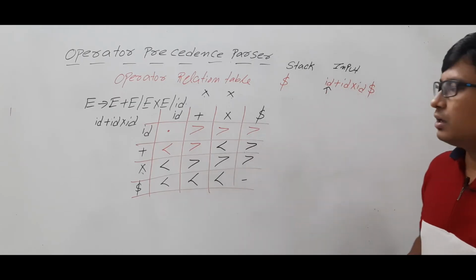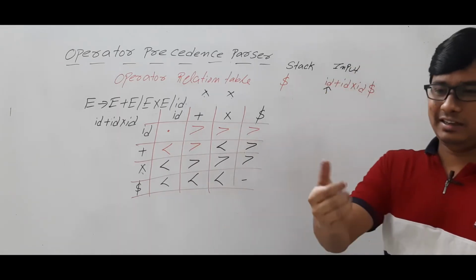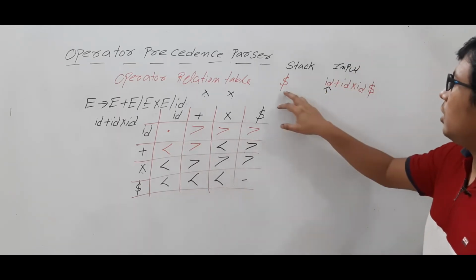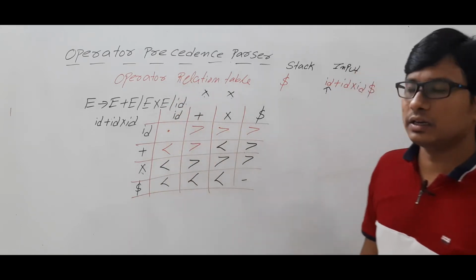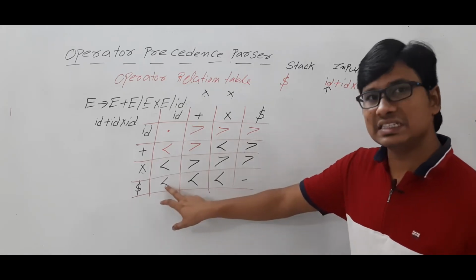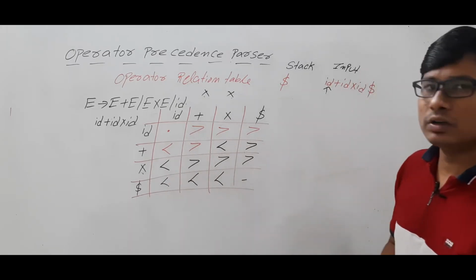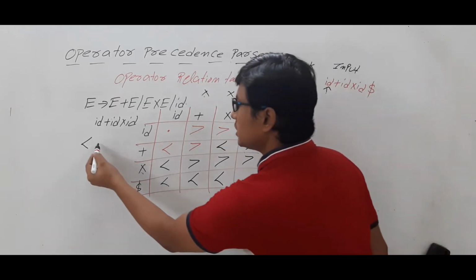Now we need to look at dollar and id. Now you look at the operator relation table: dollar and id, what is the symbol? Less than is there. Remember one important point: whenever you have the less than, you will push onto the stack.